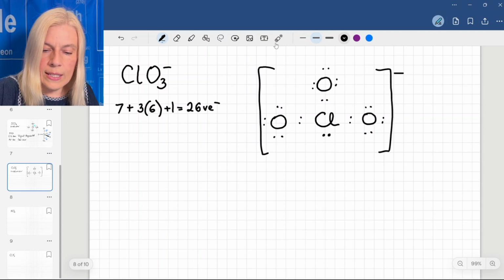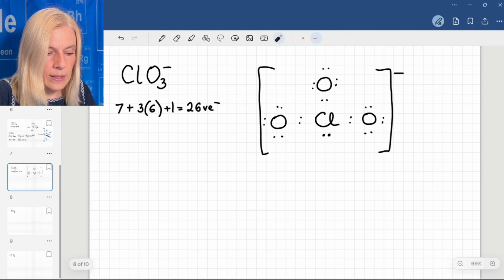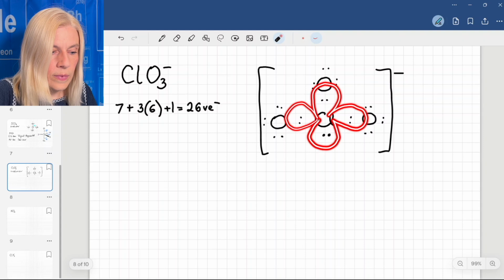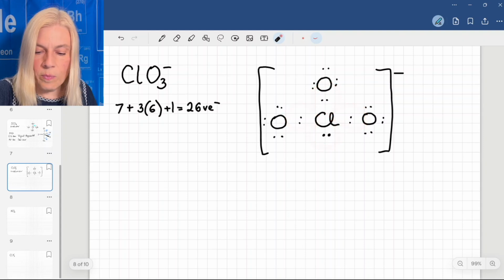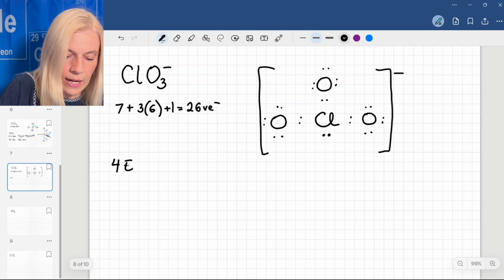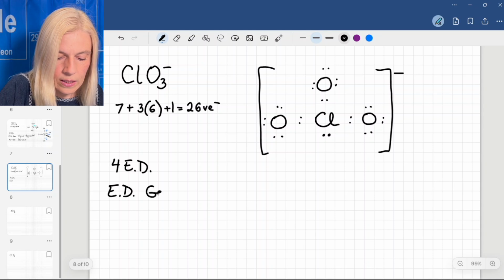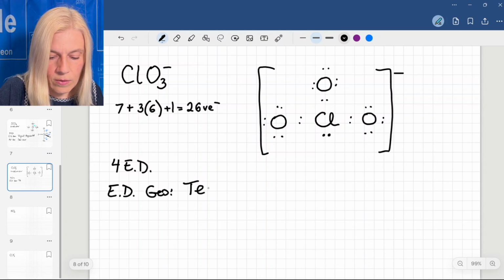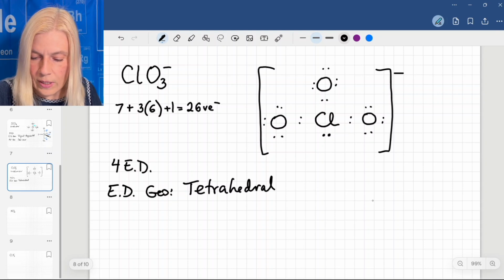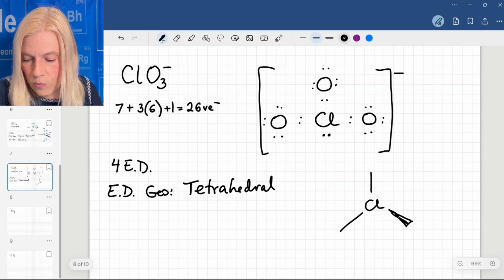And there we go. Let's count our electron domains. We have 1, 2, 3, 4. Yes, 4 electron domains. Electron domain geometry is tetrahedral. Let's draw it. Here is chlorine and 4 electron domains: 1, 2, 3, and 4.